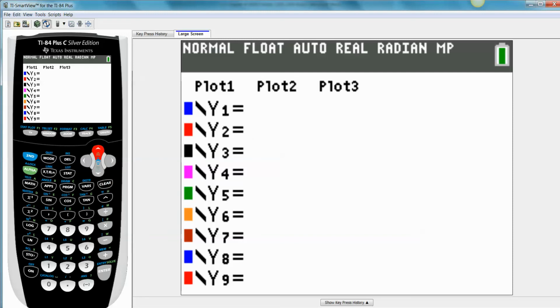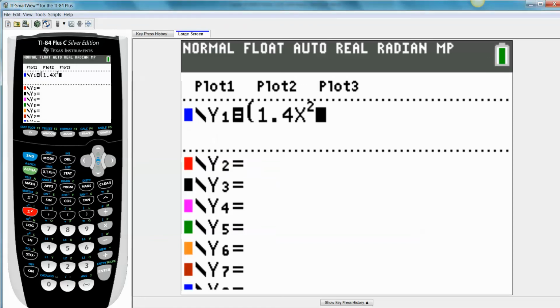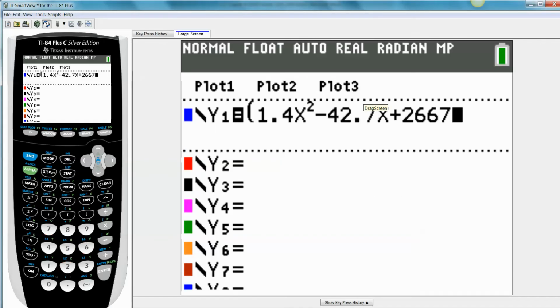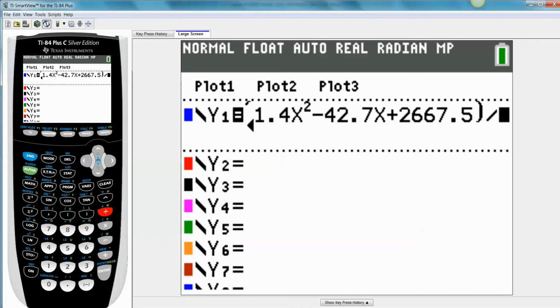Now, if you have an old calculator, like an 83, you're going to have to put parentheses and type in the functions. So it was 1.4 x squared, minus 42.7 x plus 2667.5, close that parentheses, then divide, and then type the rest.